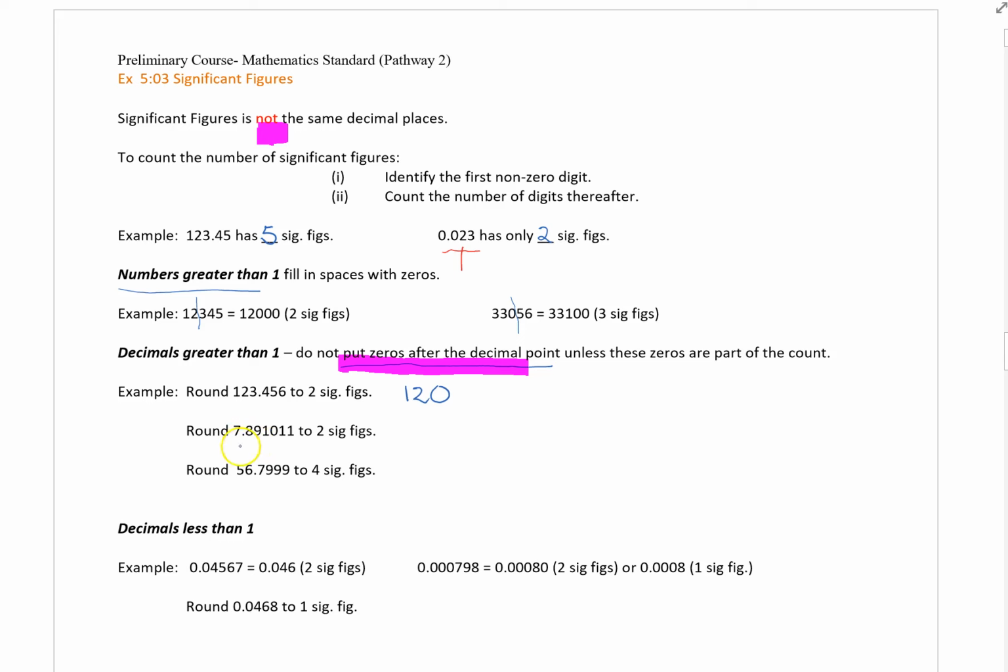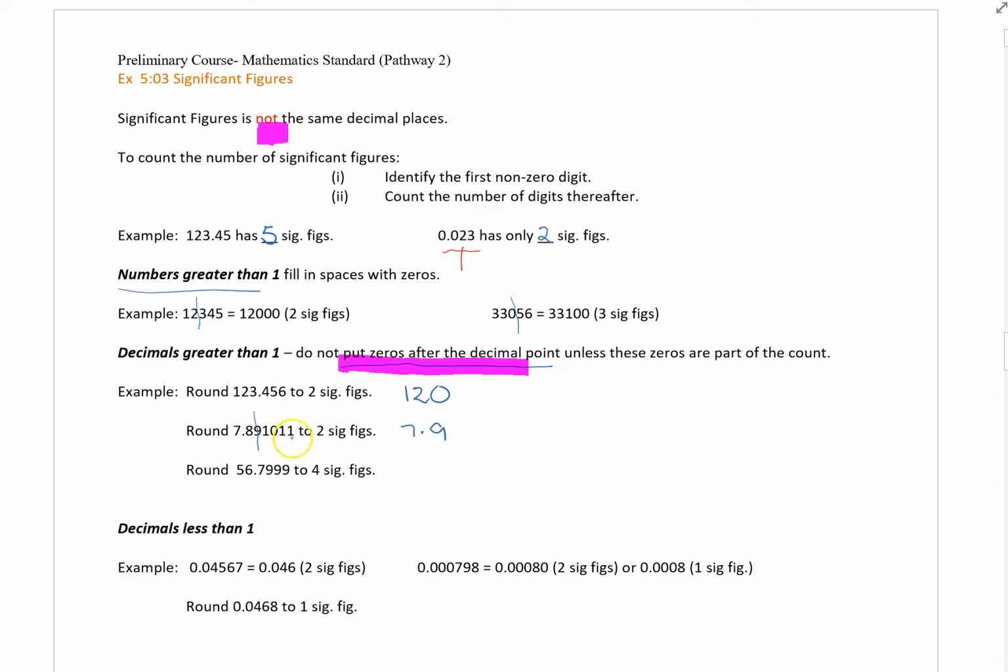With this number, 7.891011, following the instruction to round to 2 sig figs, I will still maintain 1 decimal place. And when we look at the first digit that we need to cut off, which is the 9, it means that, yes, we have to round the 8 up to a 9, and we have 7.9.